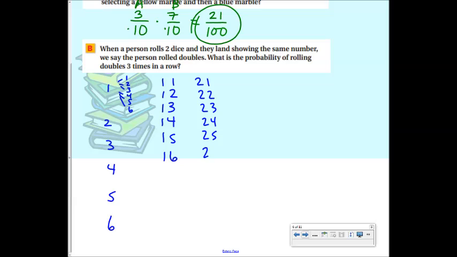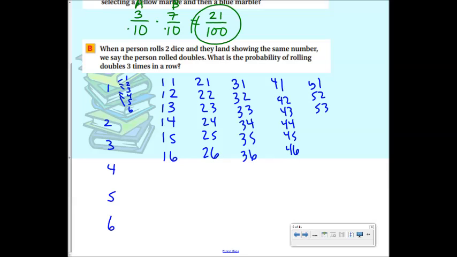My next option? 3, 1, 3, 2, 3, 4, 3, 5, 3, 6. Again, this isn't 36, right? What does it mean? You rolled a 3, then a 6. Okay, what next? 4, 1, 4, 2, 4, 3, 4, 4, 4, 5, 4, 6. 5, 1, 5, 2, 5, 3, 5, 4, 5, 5, 6, 1, 6, 2, 6, 3, 6, 4, 6, 5.